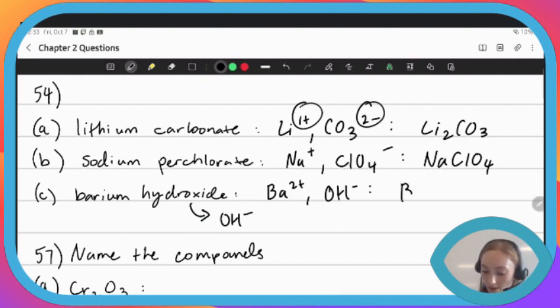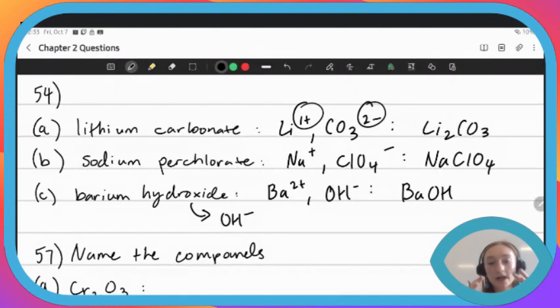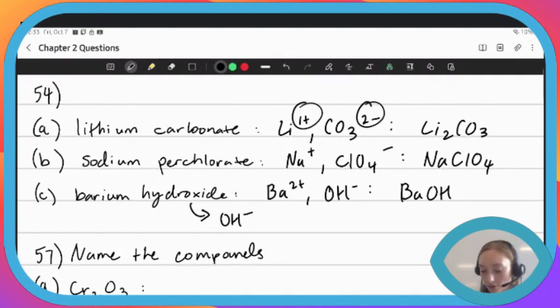We have Ba(OH)2, and because we need 2 hydroxides, we don't just put the 2 next to the hydrogen. We want to put parentheses around it to encapsulate that this is the whole thing that we need 2 of. Because if we did not do that, this would look a lot different. This would be 1 oxygen and 2 hydrogen, which is not the same as hydroxide. So that's what that looks like.